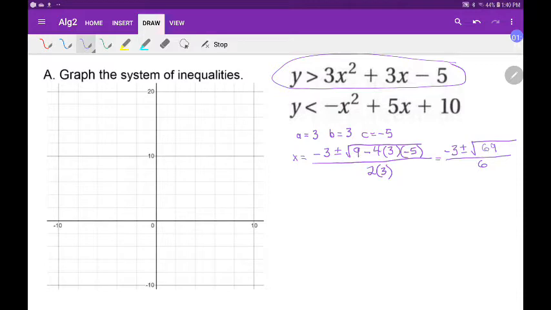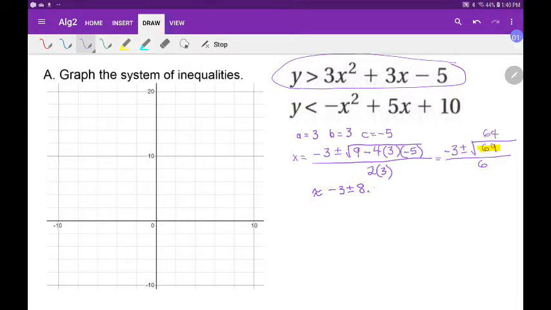Okay, so we're graphing, so this is pretty close to 64, so it's a little bit more than 8, huh? So let's say x is about equal to -3 plus or minus about 8.